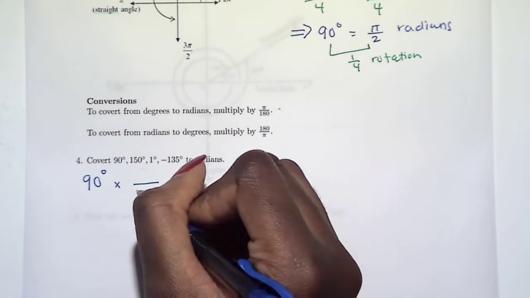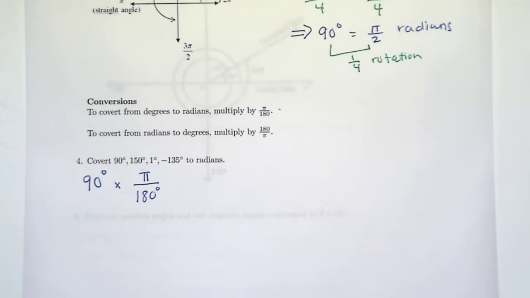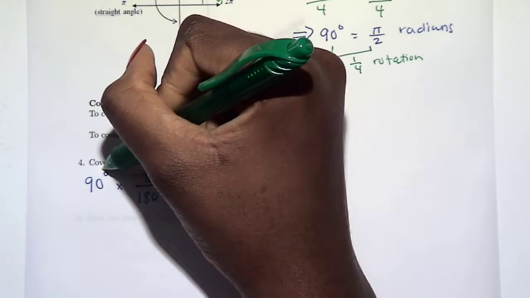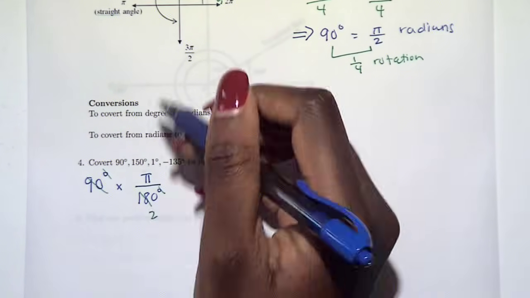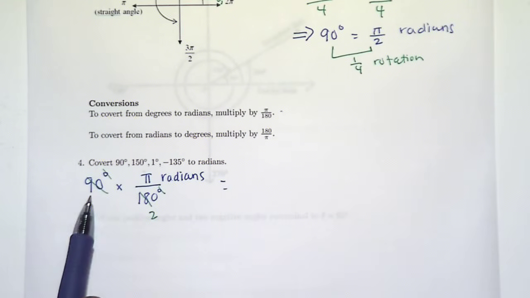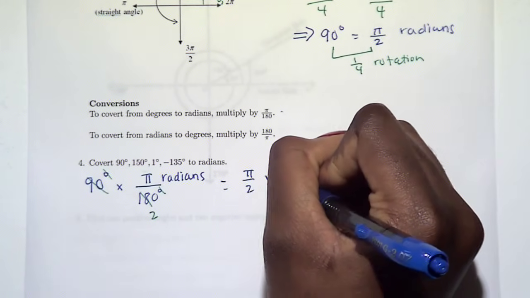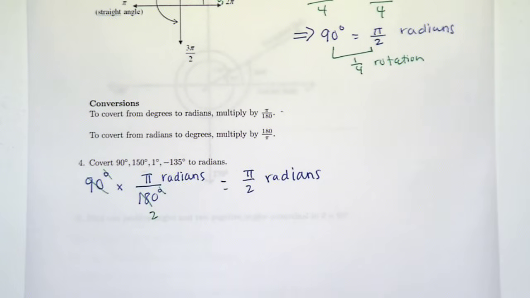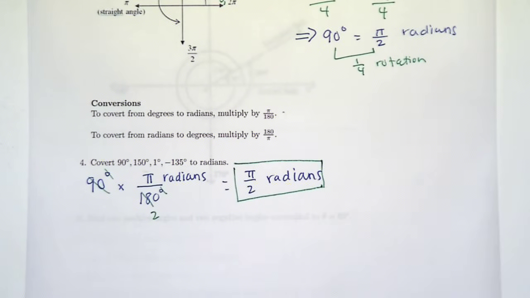We put the 180 degrees on the bottom, the pi on the top, so that our degrees will cancel. Also, 90 goes into 180 2 times, so we're left with pi over 2 radians.